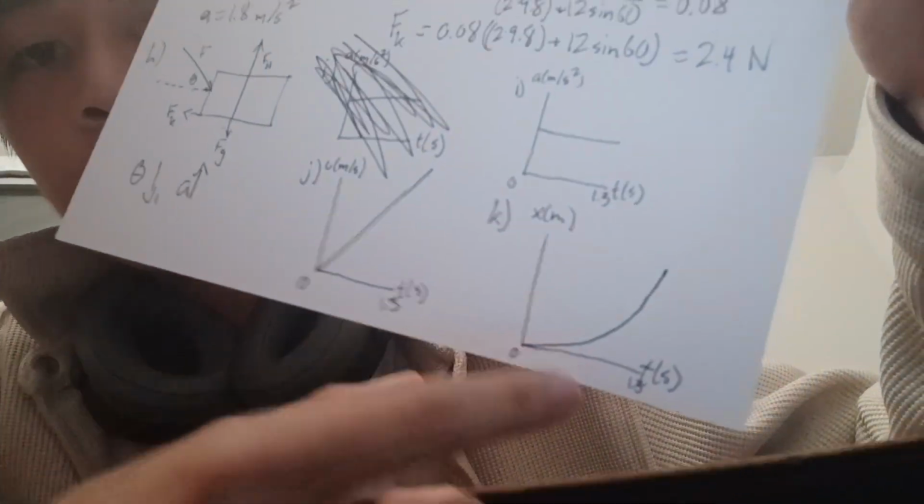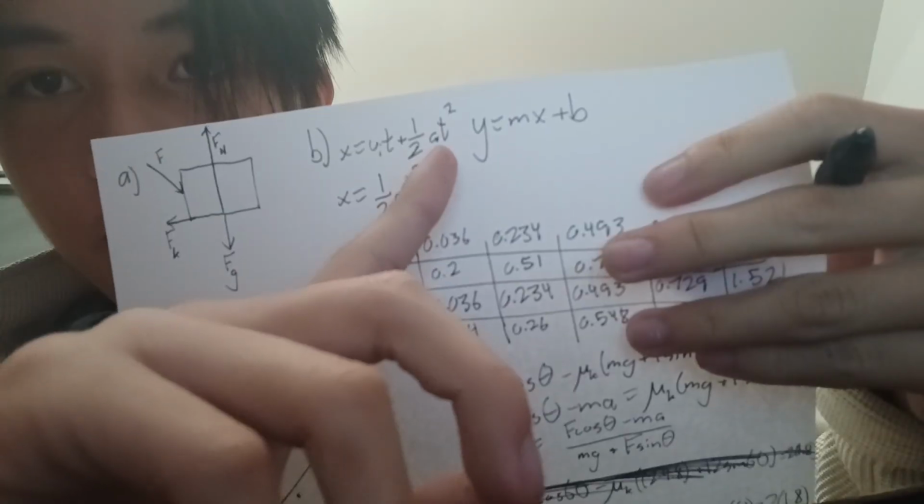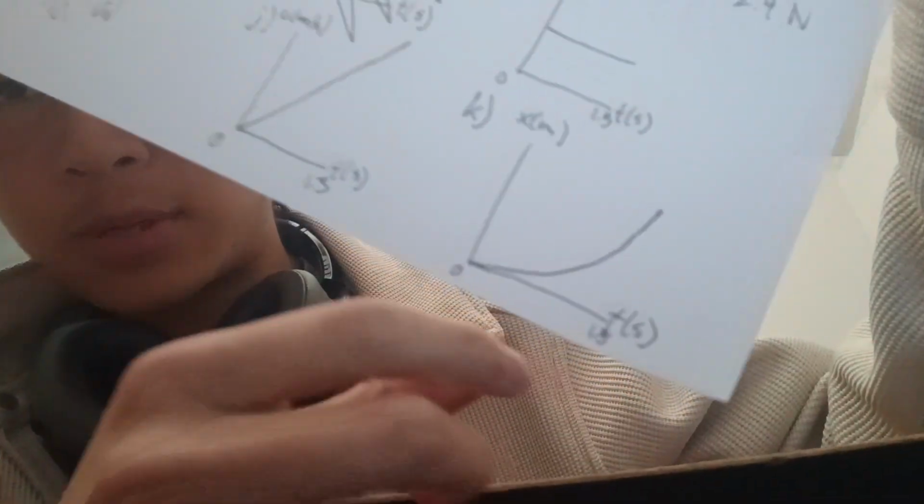And then K, the x of t graph, position time graph. Would look like this, because of course this is squared, so it will be a parabola shape, right?